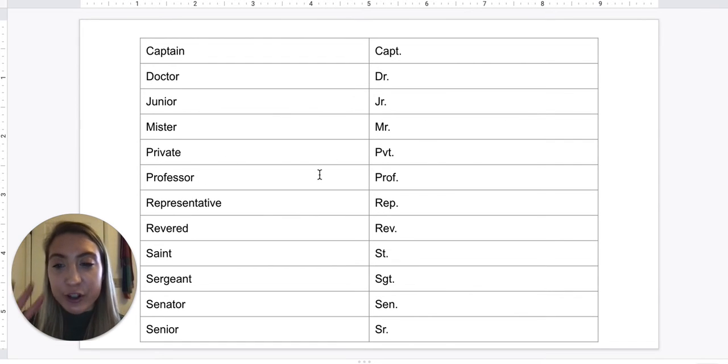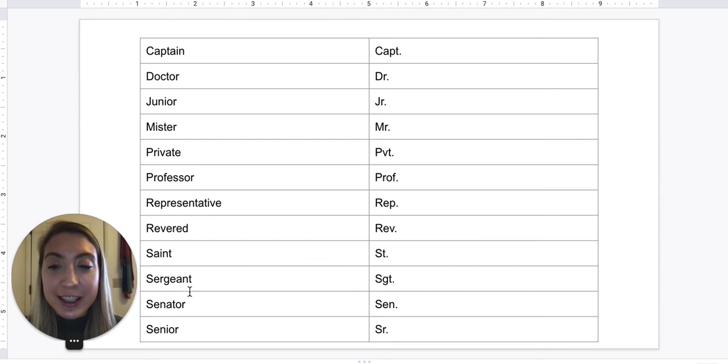Professor is the first 4 letters, P-R-O-F, period. Representative is the first 3 letters, R-E-P, so it looks like Rep., period. Reverend is the first 3 letters, R-E-V, and of course it is followed by a period. Then we have Saint, which again is just the first and the last letter, S-T.